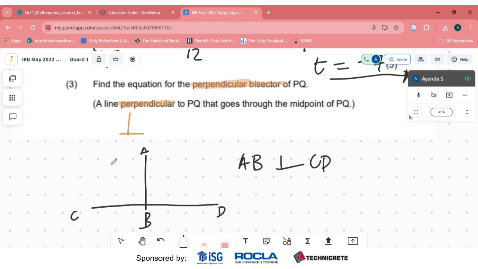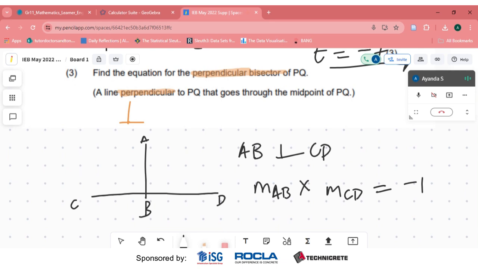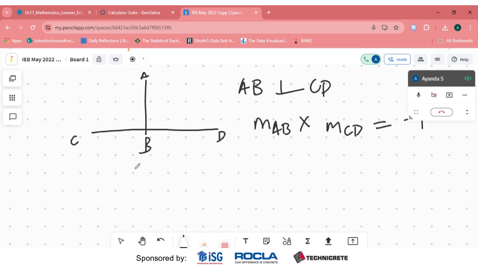We know that when two lines are perpendicular to one another, the product of their gradients, so the gradient of AB times the gradient of CD, must always give us negative 1. So the gradient of PQ and the gradient of the perpendicular bisector must equal negative 1.